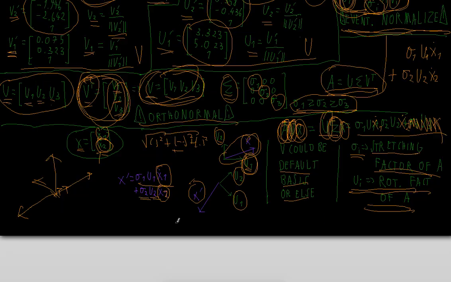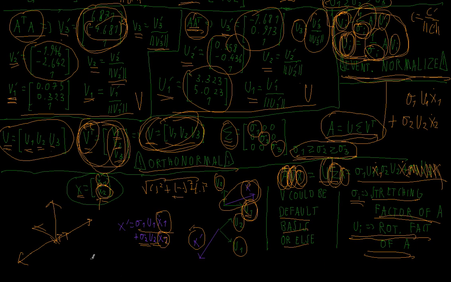Basically, someone noticed that if you have a vector x expressed in some basis v, which could be the default basis or something else, and you apply a matrix A to it, it does two things. It rotates and stretches our vector.